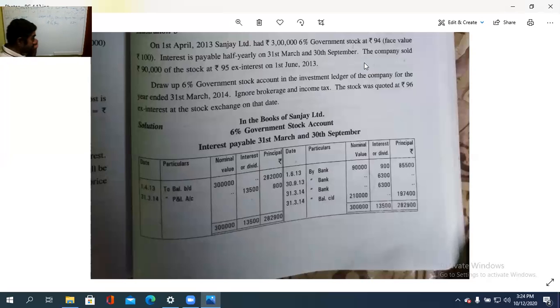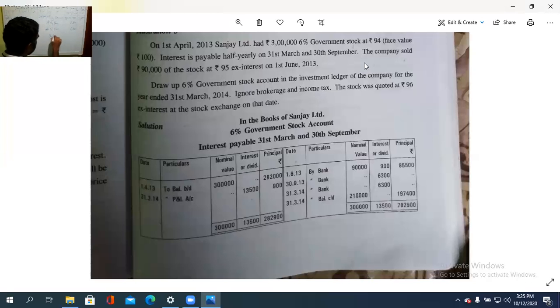That 2 lakh 10,000 into 6 by 12 into 6 by 100 is 6,300 for the half year. Again on 31st March 14, by bank, 6,300.